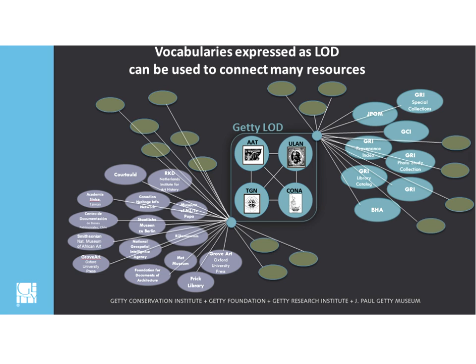So this is the vision of what linked open data can or could do, is that we express our vocabularies as linked open data, and then they can create, and the thing about linked open data is, it is supposed to be able to automatically, in other words, the machine creates meaningful links between one resource and another because the meaning is actually semantically built into the data.